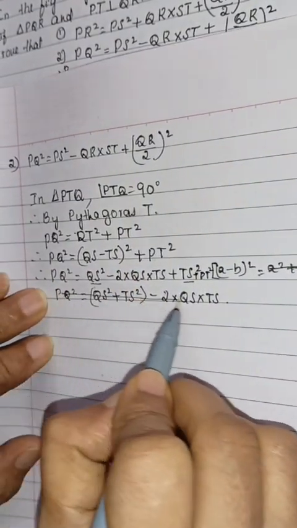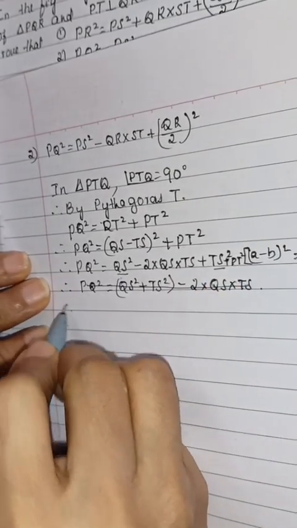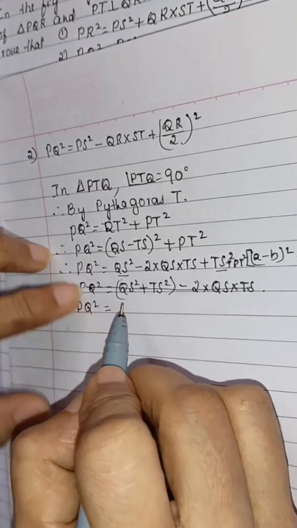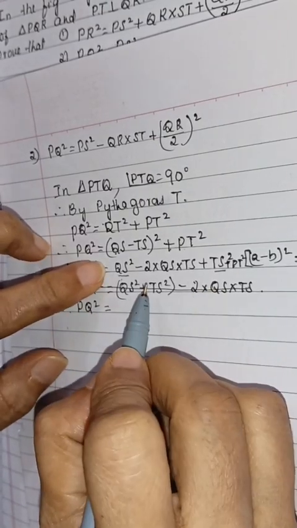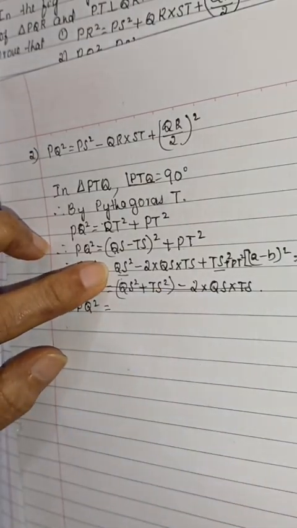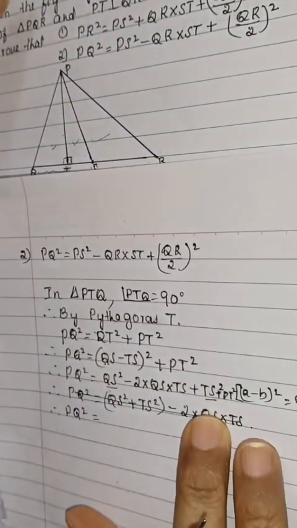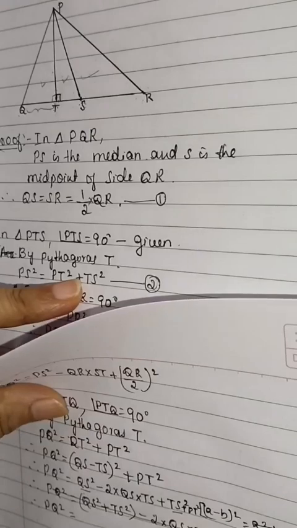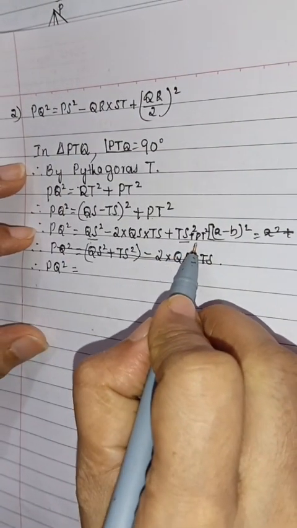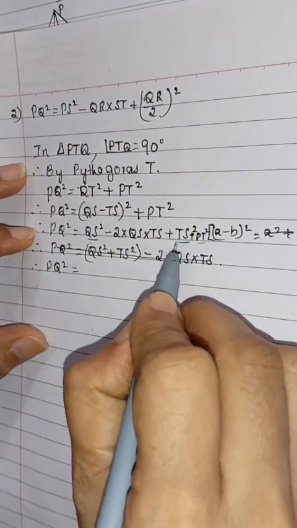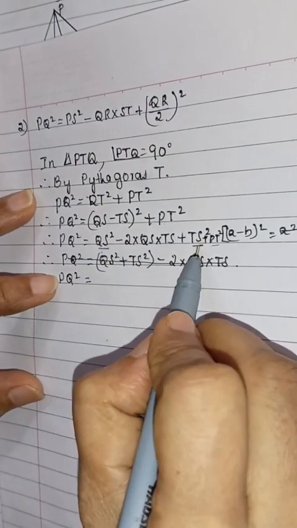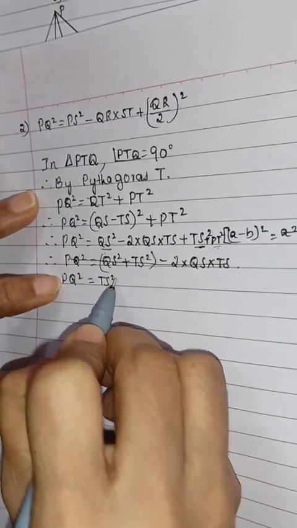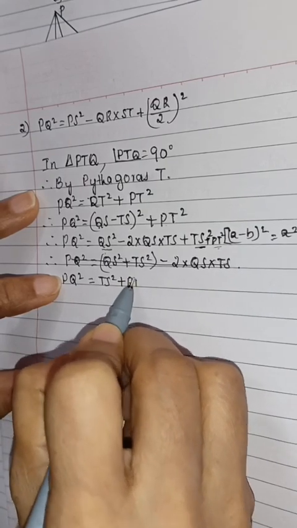So now, therefore PQ square equal to TS square plus PT square. We have to make PT square and TS square one group. We'll bring this here, TS square plus PT square.